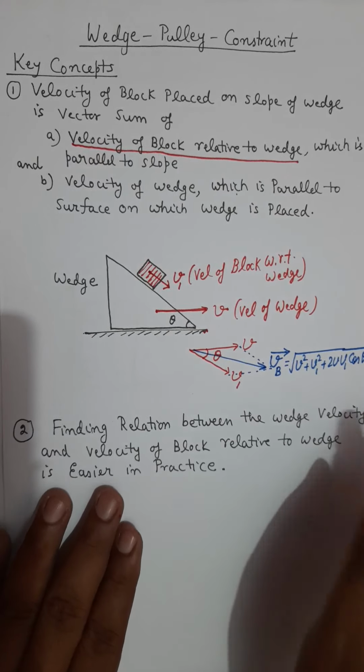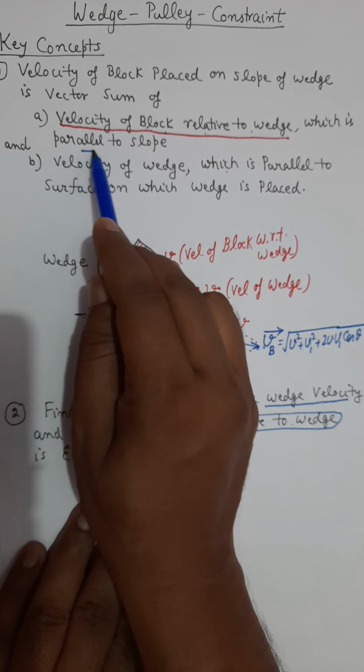Another key concept before moving to the problems is finding the relation between the wedge velocity and the velocity of the block relative to the wedge. Point A: the velocity of the block relative to the wedge is always parallel to the slope.